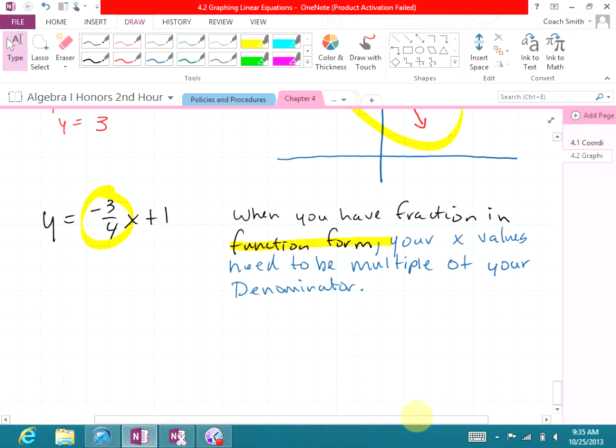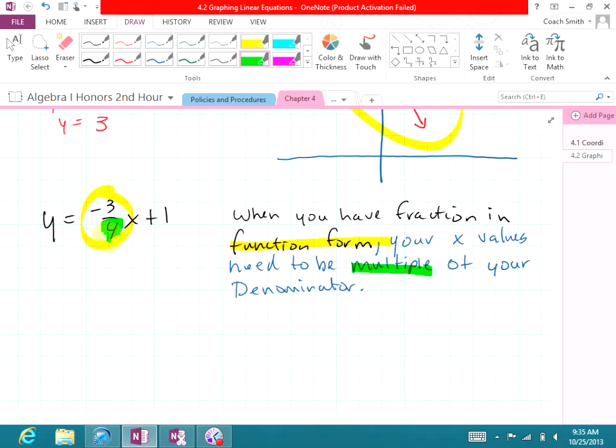Okay? So, in this case, we want our multiples to be multiples of 4. So our x values need to be, for example, -4, 0, and 4.